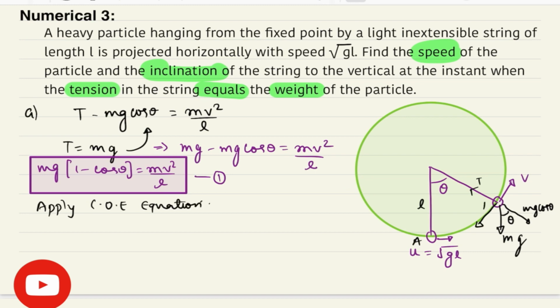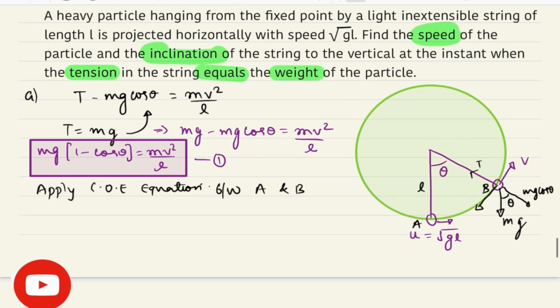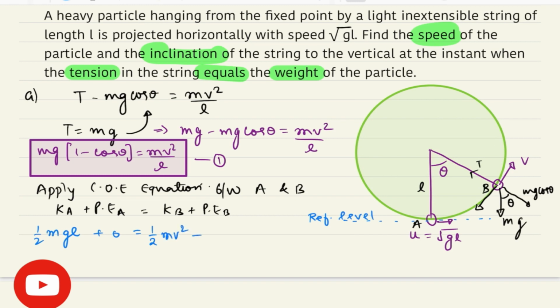Let's say this is our point A, this is point B, between A and B. At point A, the kinetic energy and the potential energy equal the kinetic energy at B and the potential energy at B. Kinetic energy corresponds to u, so we can write 1 by 2 m u square, which means gL, plus potential energy is 0 because we are considering the lowest as the reference level, equals kinetic energy at B, which is 1 by 2 mv square, plus mgh.